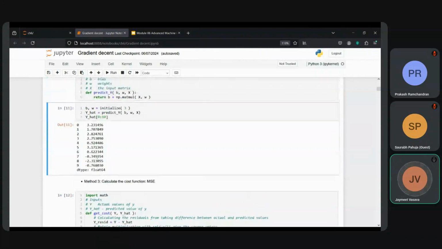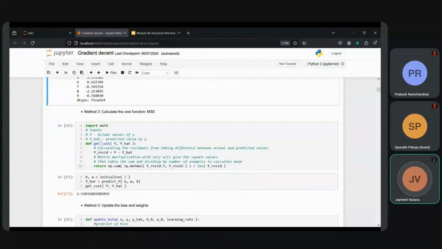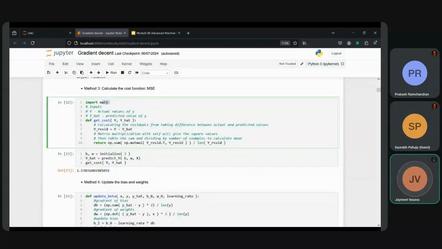Then we checked the cost function, which we'll be using is mean squared error. In order to get the mean squared error, we import math.